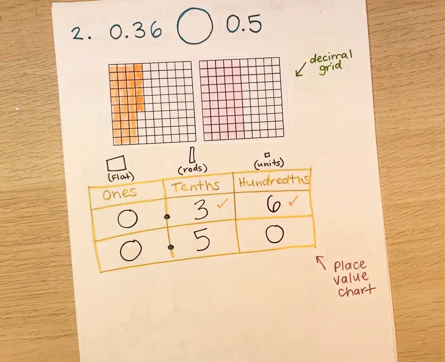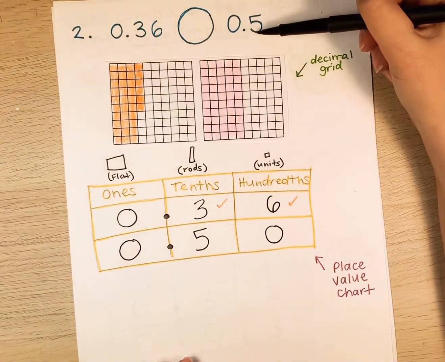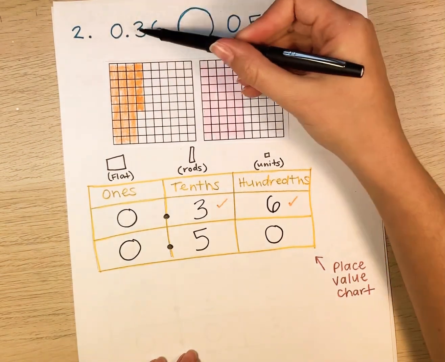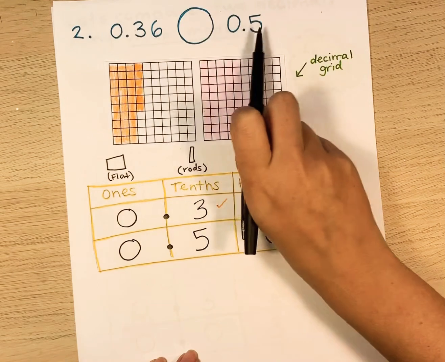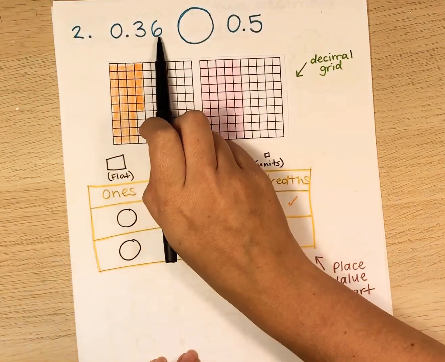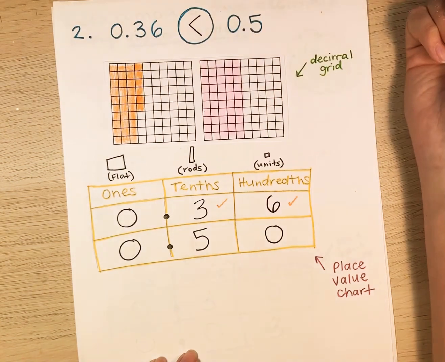Now we can use these decimal grids to see which decimal is greater. And we can see that 5/10 is greater than 36/100. So in this order, it's going to say 36/100 is less than 5/10.